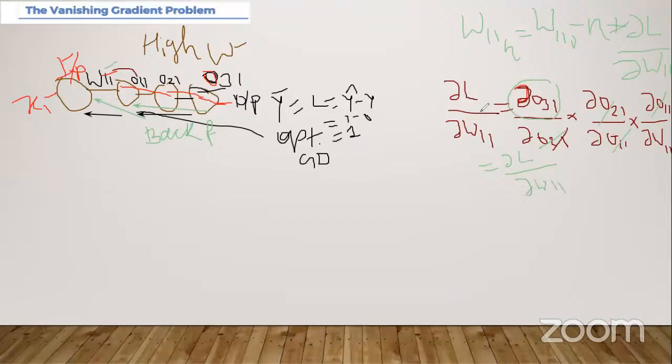I am just trying to expand this derivative in terms of the path we take when doing backpropagation from the output layer, that is output O31 to output O21, from O21 to O11, and again O11 to the initial weight when I took the initial input.